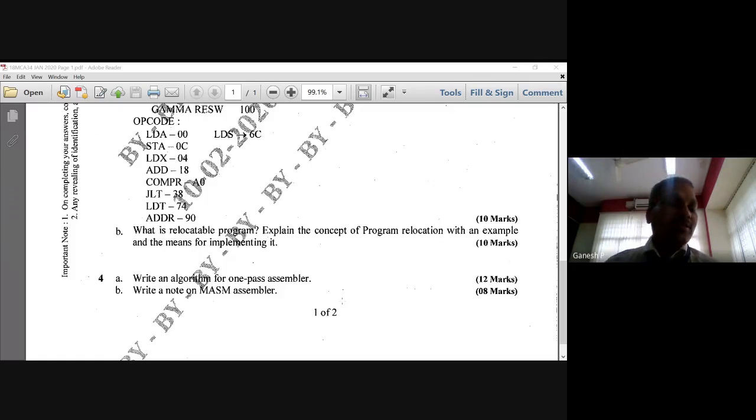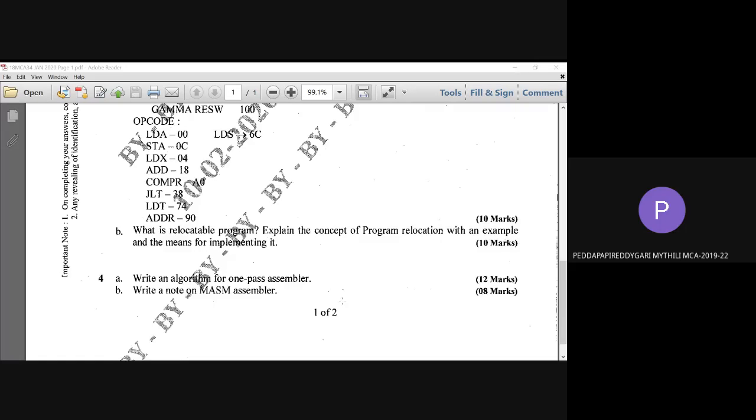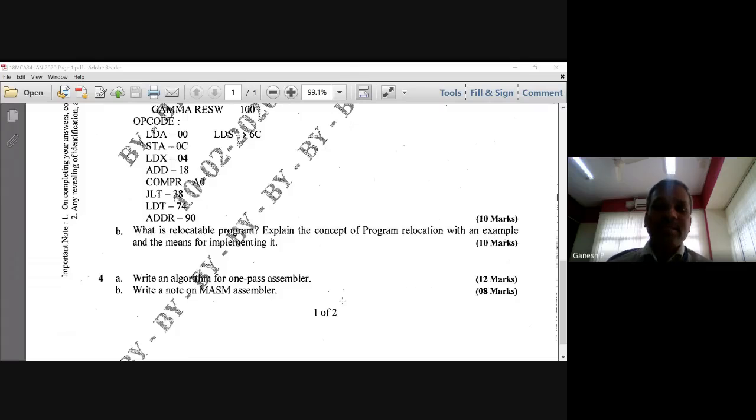That's why the length is fixed. 10 to 69 means 69 minus 10, that is 59. Each instruction takes either 2, 4, 6 or 8 characters. If it is a 3-byte instruction, 6 characters. If it is a 2-byte instruction, 4 characters. So like that, you can count and fix it.